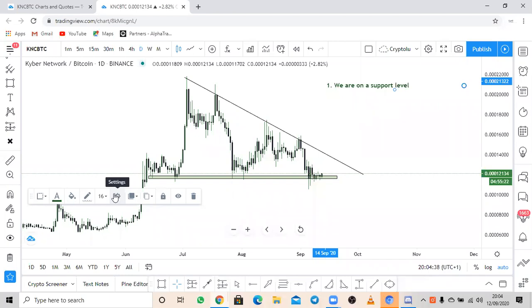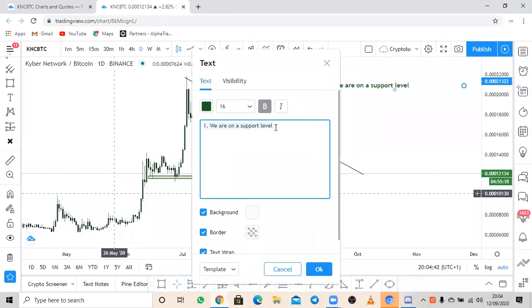So we are on a support level, number two, we have the downtrending resistance trend line.